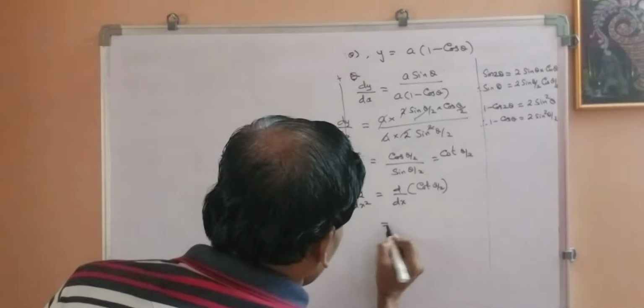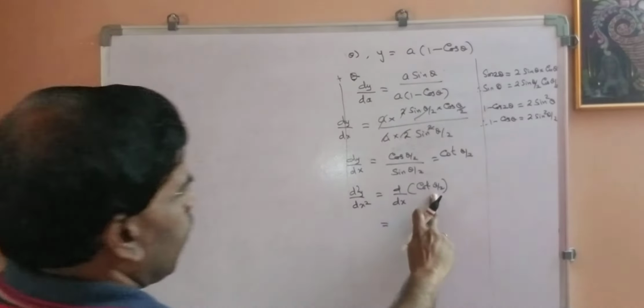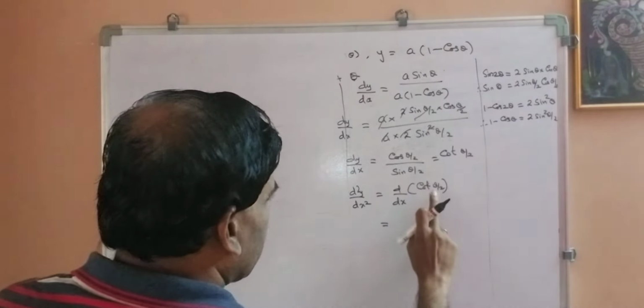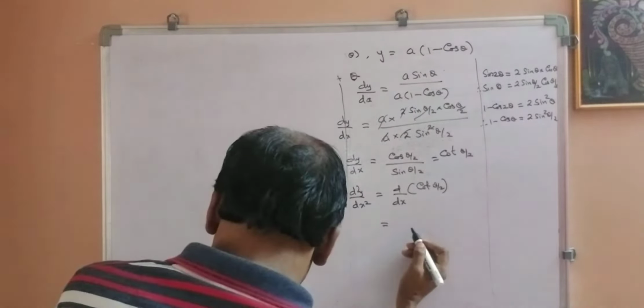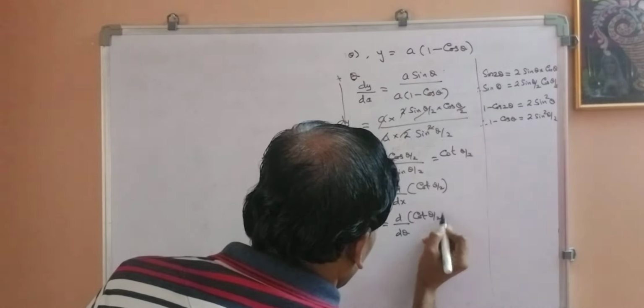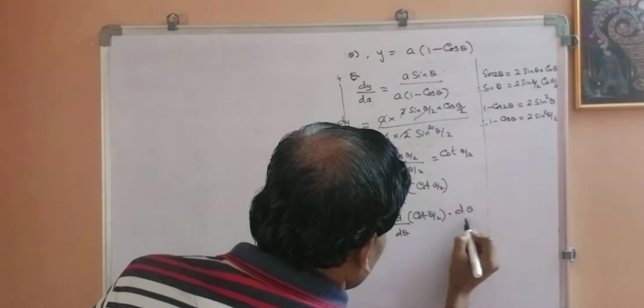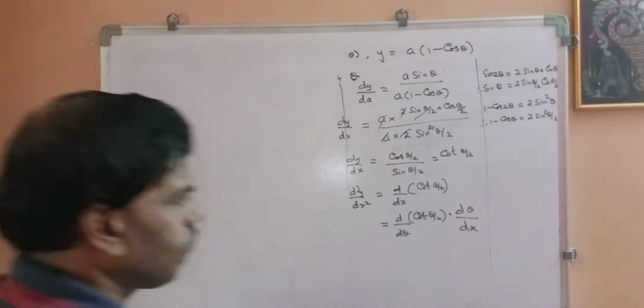But here, because we do not have y and x, theta is there. So what we will do is d by d theta of cot theta by 2 into d theta by dx.